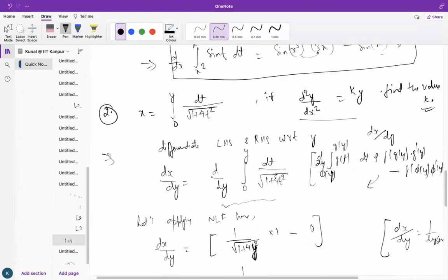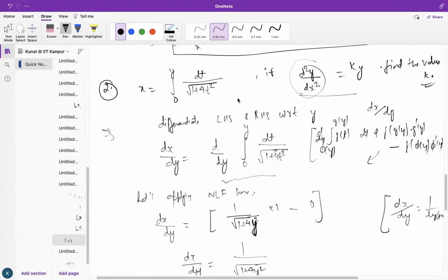This is a label of problem based on NLF, so you have to be attentive here. What I'm doing here is very important. Somehow I have to create this d square y by dx square. In the first case, our y is not explicitly connected with the variable x.